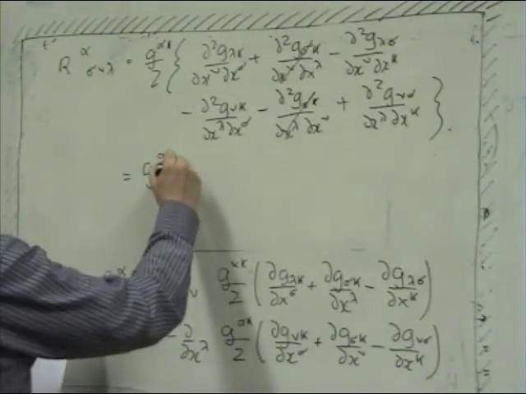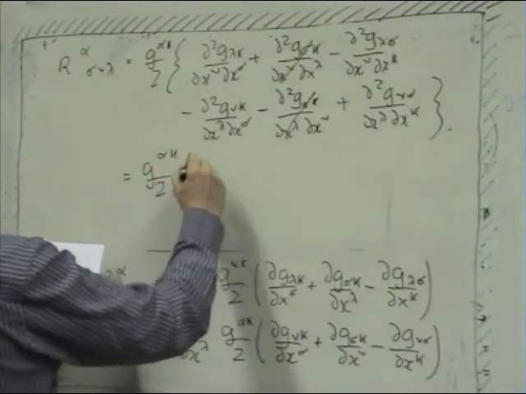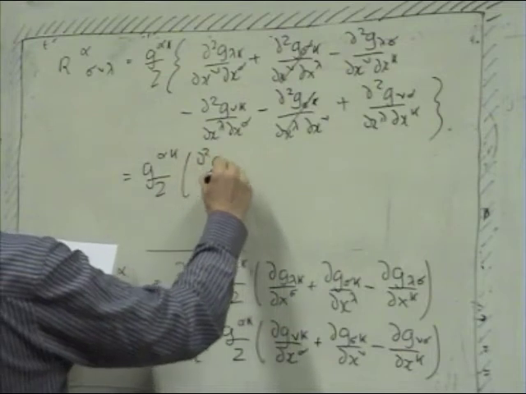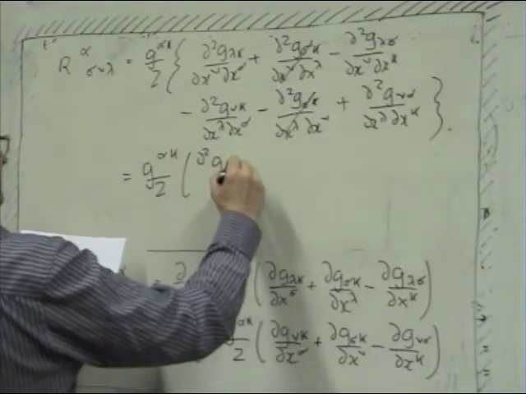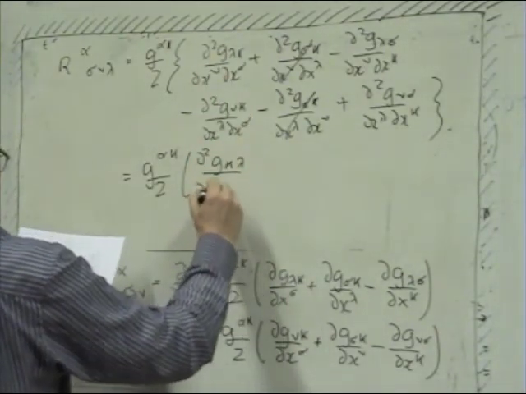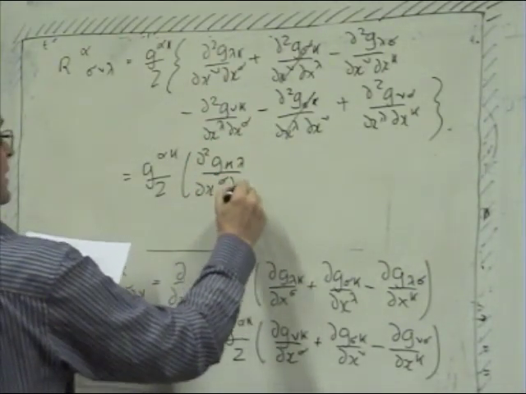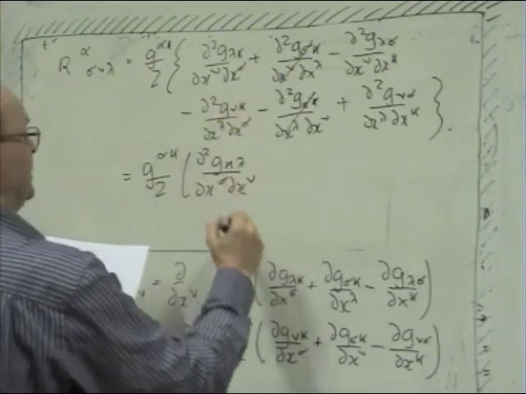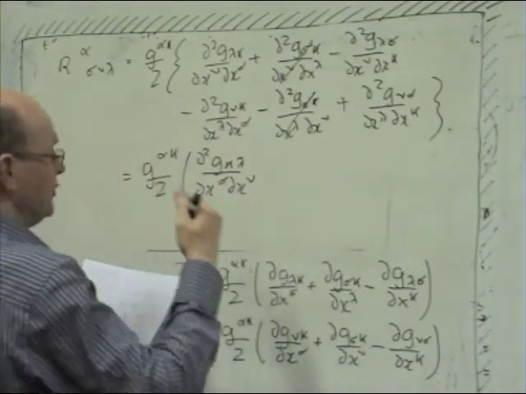You get G alpha kappa over 2 d squared G kappa lambda, that's that term, with respect to x sigma x nu. I've swapped the two derivatives, but that's all right because the derivatives are interchangeable.